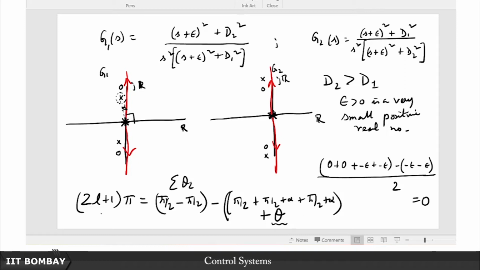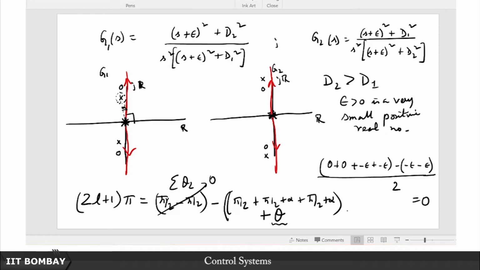Now this is what I am going to solve for. So you see that the contribution from these two zeros is 0, because 1 zero is above, 1 zero is below, so this is minus pi by 2, this is pi by 2, so they add up to 0. What about the contributions from the poles? So this pole contributes pi by 2, this contributes pi by 2 plus alpha, and a repeat of it also contributes pi by 2 plus alpha.